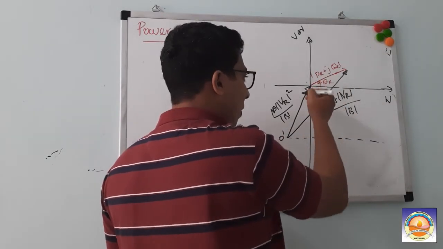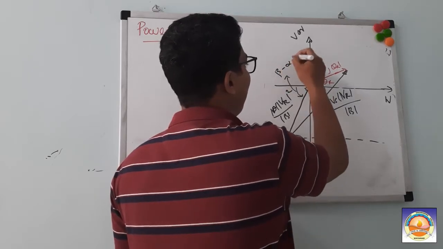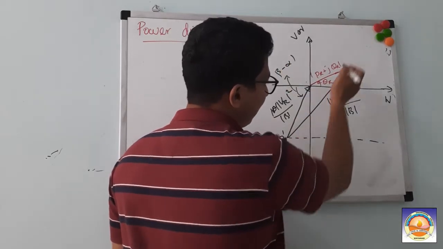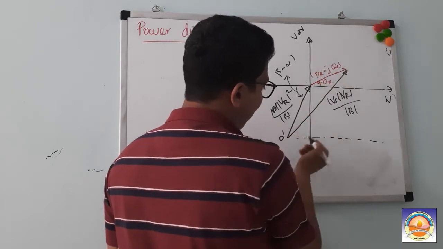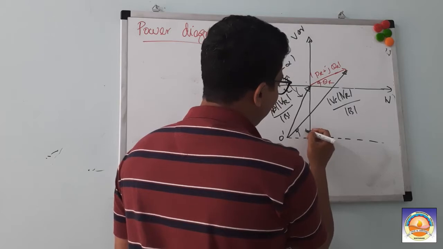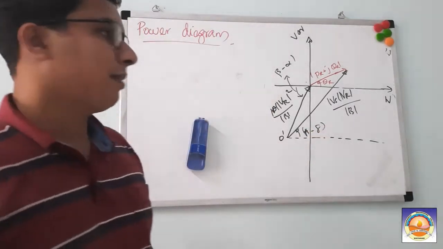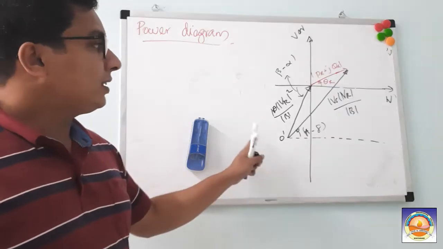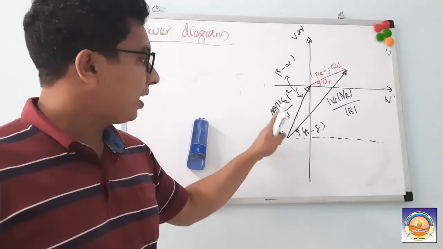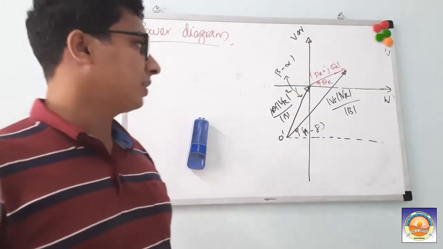Similarly, the opposite angle here will be beta minus alpha, and the other angle will be beta minus delta. So these two angles come this way. Once you know these Vs, Vr and B angles, you can draw this diagram.